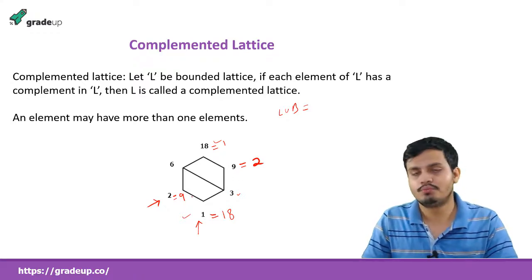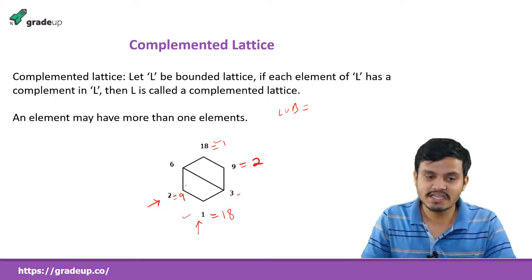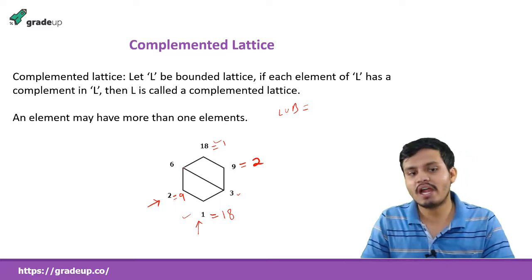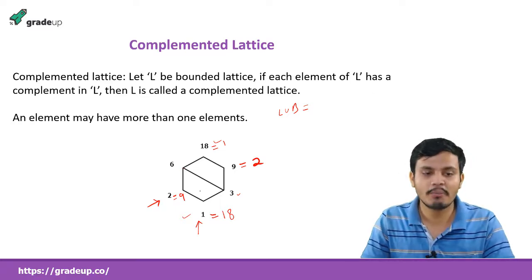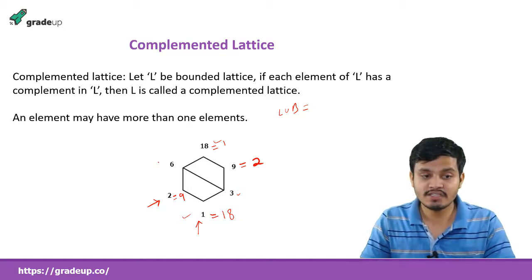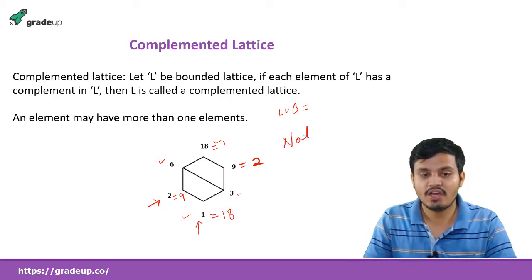If I take 2, then the LUB will be 6 and the GLB will be 1, and 6 is not the upper bound of the lattice. So 2 is not the complement. So 3 does not have any complement. Similarly 6 does not have any complement. So this lattice is not a complemented lattice.